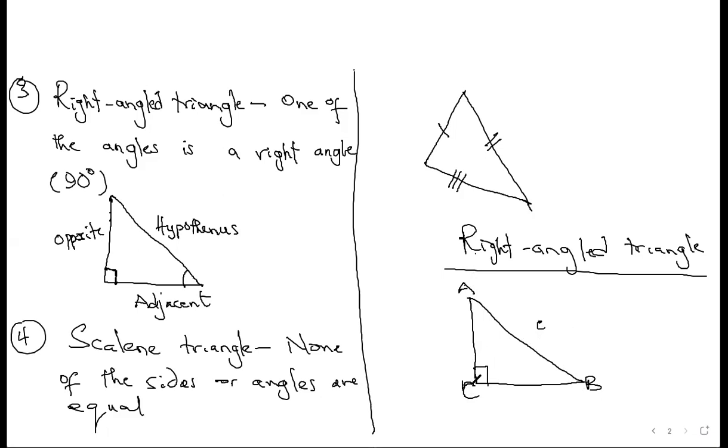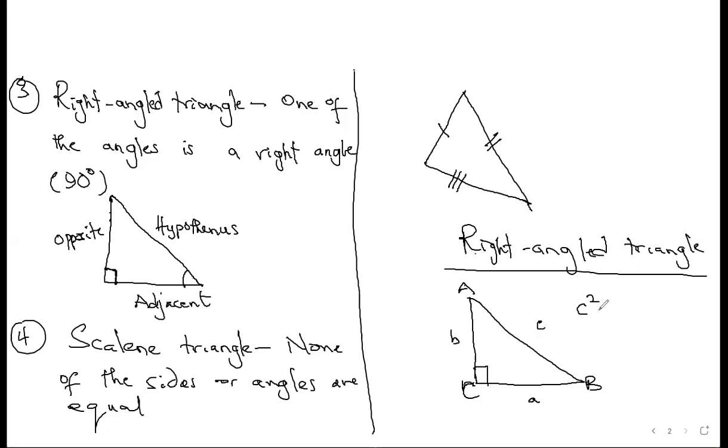The side facing the angle C will be small c, the side facing angle B will be small b, and the side facing angle A will be small a. What Pythagoras theorem states is that the square of the hypotenuse, which is the side facing the right angle and is usually the longest, it's always the longest side.